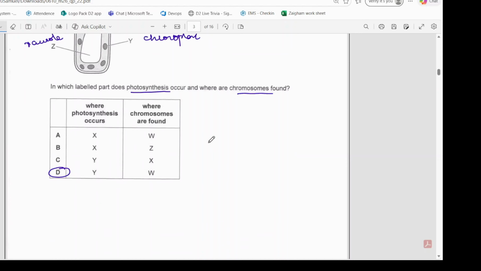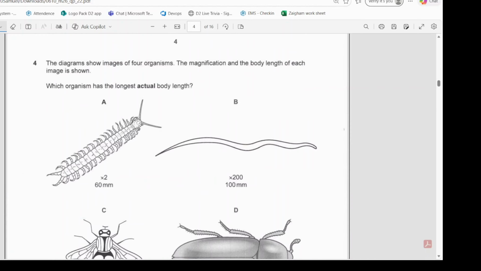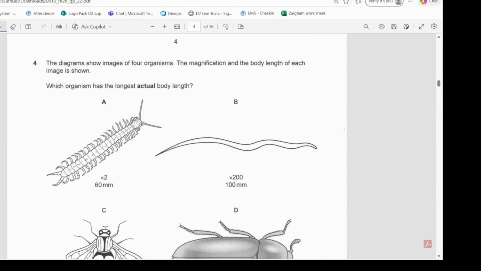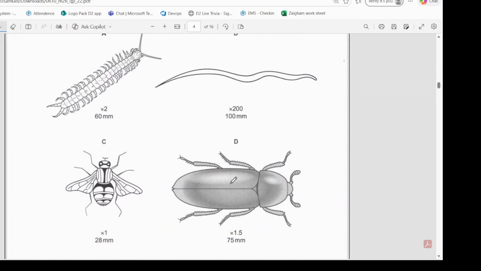Next question is again regarding magnification. Which organism has the longest actual body length? You have to calculate the actual body length. Image size is given and magnification is given.